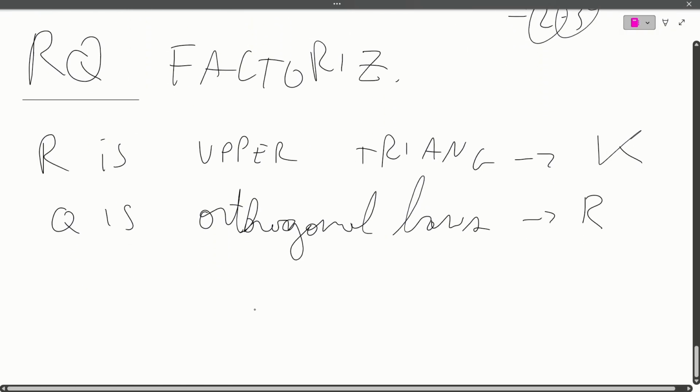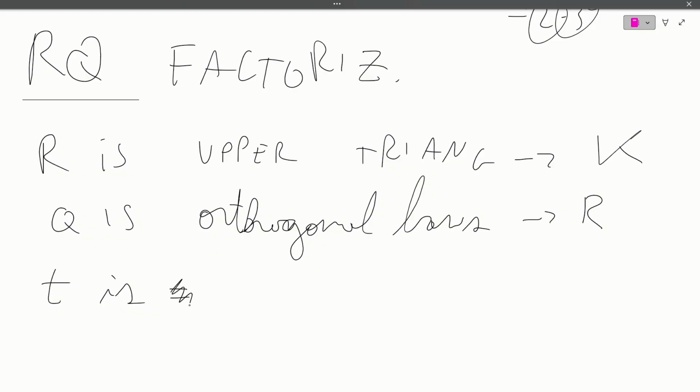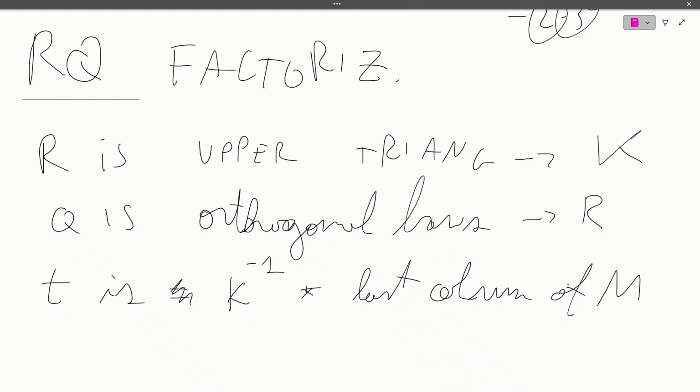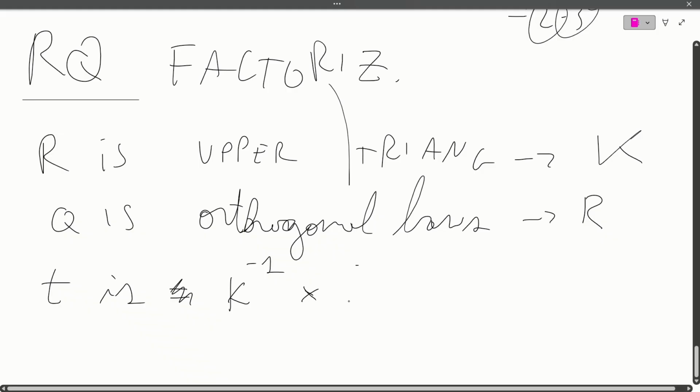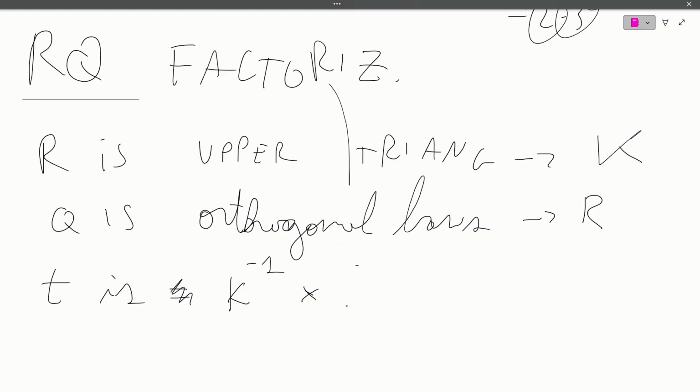The last one that we need, T, is the inverse of K multiplied by the last column of M. This is the method, so just RQ factorization.